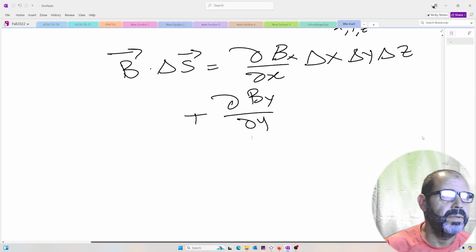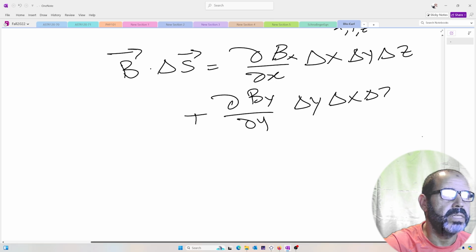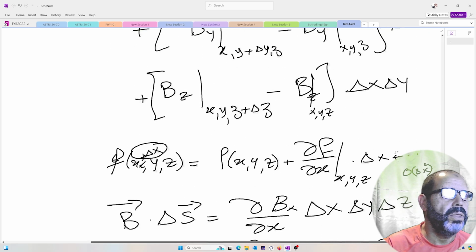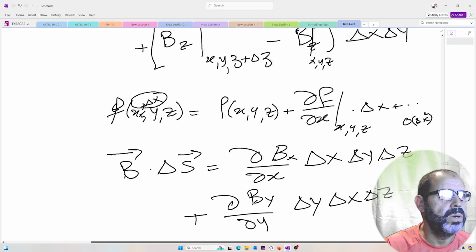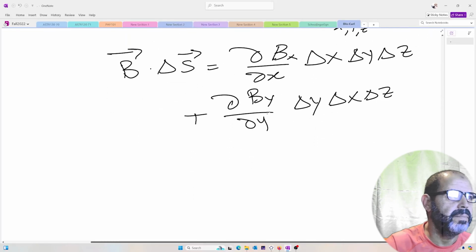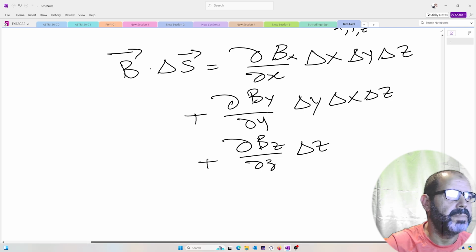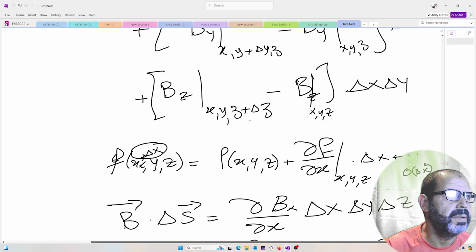So I'm going to have delta y times the size of the area, which is delta x delta z. And now the last term in here, bz, the z component, has the z shifted by z plus delta z. So that's going to pick up the first derivative of bz with respect to z. And now I'm going to pick up a delta z because this is coming from this differential form in here, times delta x delta y.